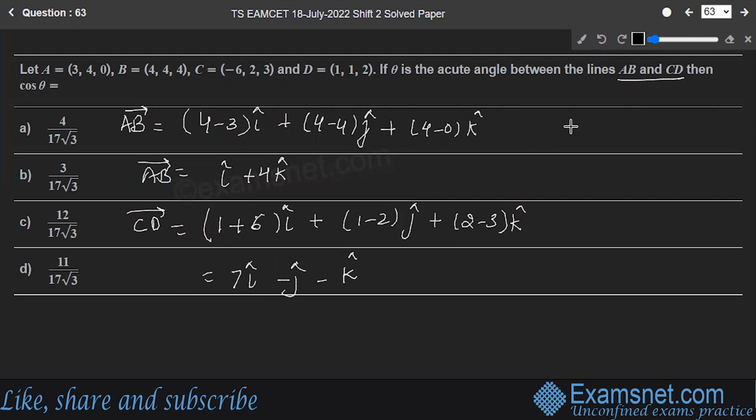Now theta is the acute angle between them. Therefore, first of all, let's find the modulus of them. The modulus of AB is root of 1 square plus 4 square, which is root 17.